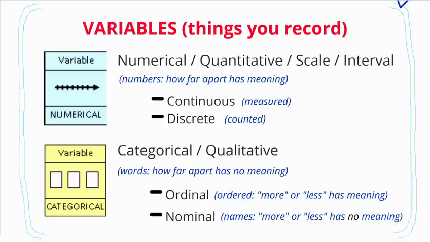Now, if you've ever done statistics in the past, they will have gone down a little further and said, well, within numerical there is also continuous and discrete numerical variables, the 2 different flavours of numerical variable. And within categorical variable there is ordinal and nominal, 2 different flavours of categorical variable. That is more or less irrelevant to what type of statistics you're going to do.